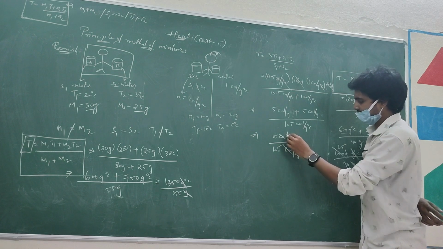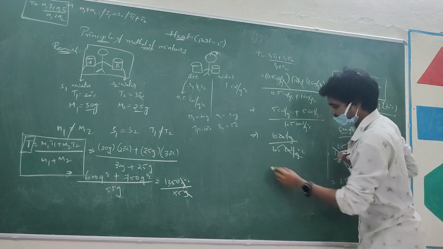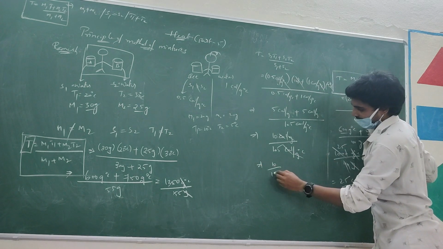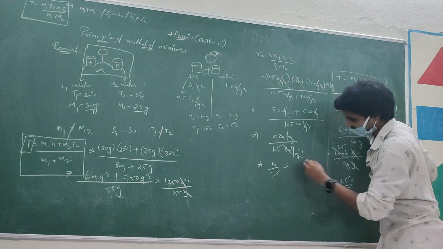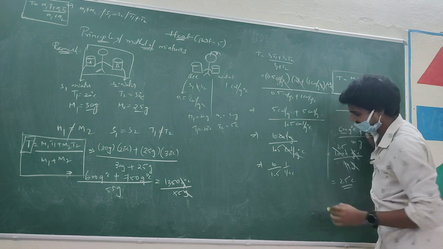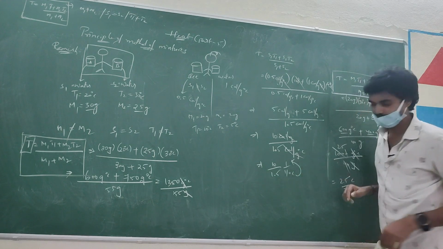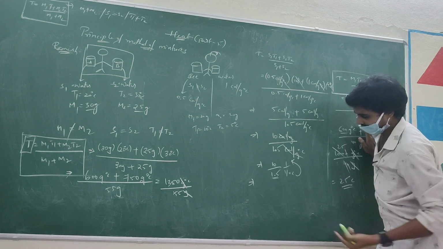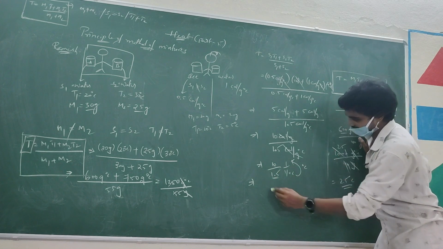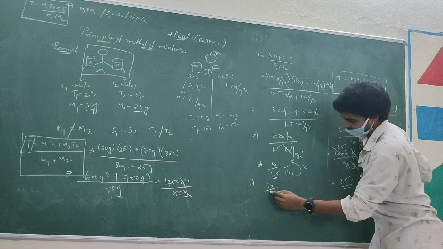Calorie got cancelled out and grams got cancelled out. What will remain here? 10 divided by 1.5. Coming to the units, it is 1 by degree centigrade, which means degree centigrade goes to the top. It comes like this, 10 by 1.5, which means 100 by 15.